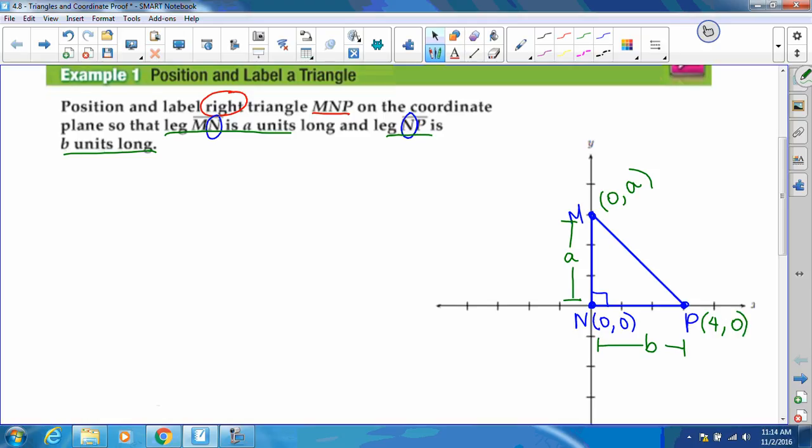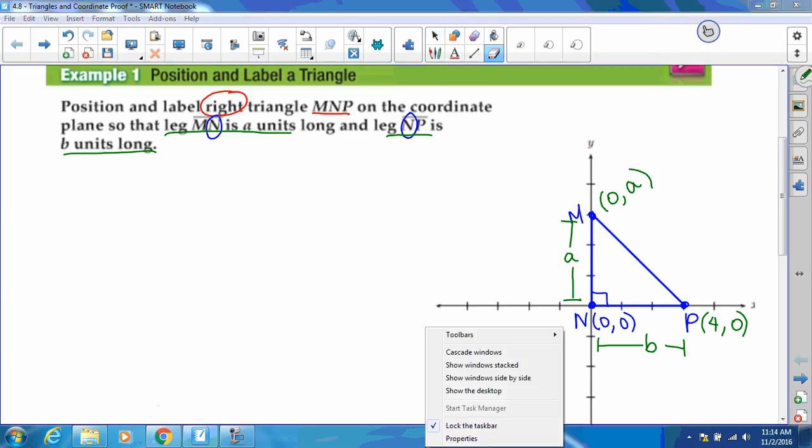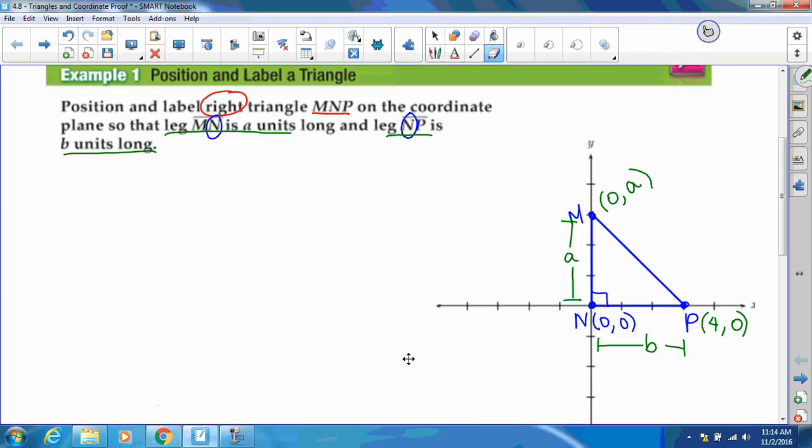If I said I want it to be 6 units long, that point would be (6, 0). In our case, we want it to be B units long, so this would be (B, 0). And now I have placed my right triangle on the coordinate plane. One leg is B units long and one leg is A units long, and so we have found the coordinates of those points.